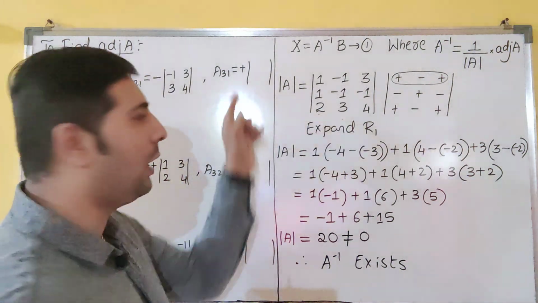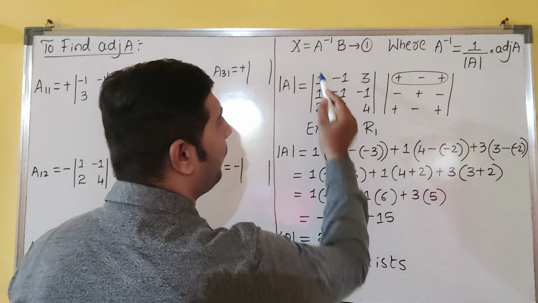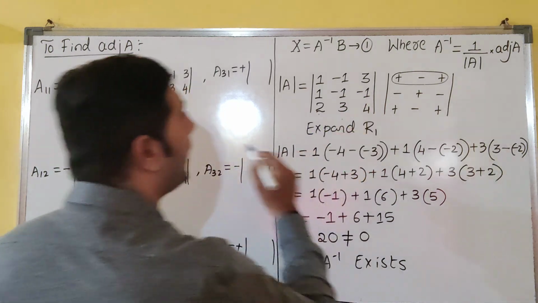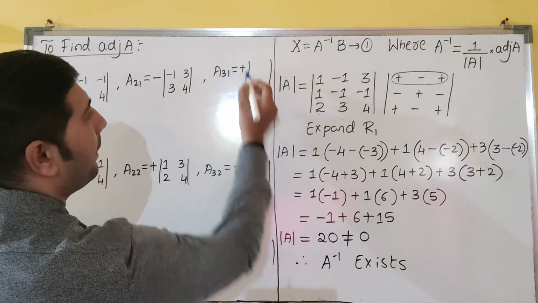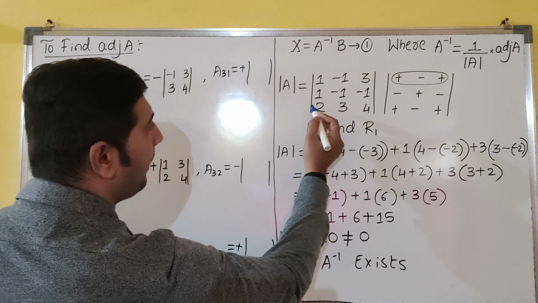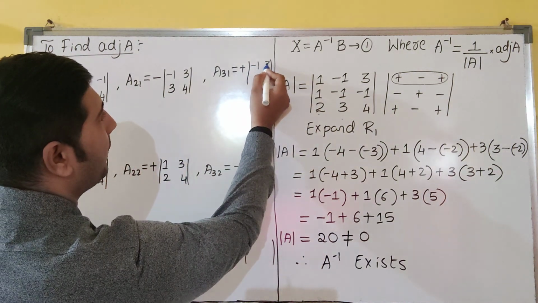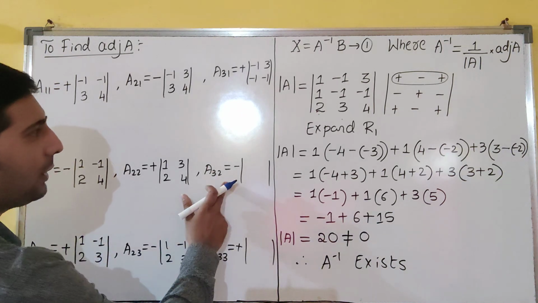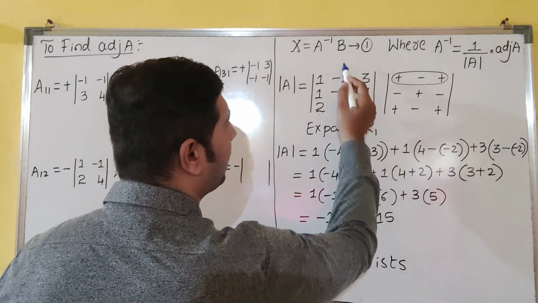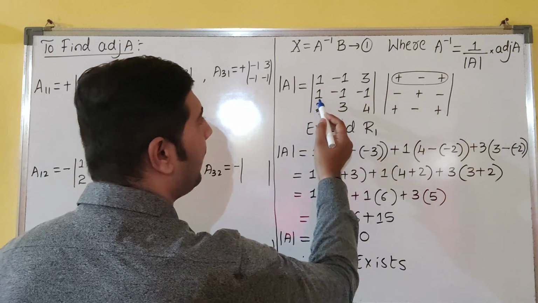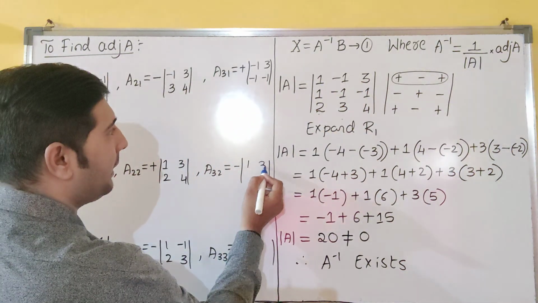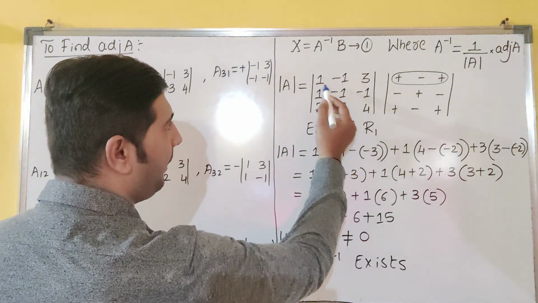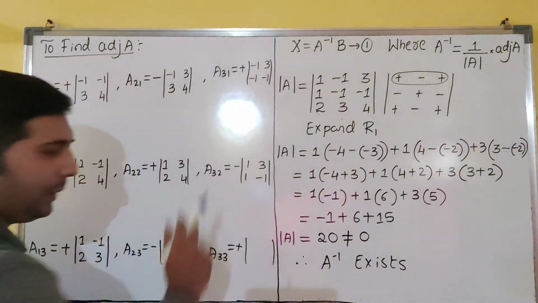So next, third row you leave, first column you leave. What are you left with? Minus 1, 3, minus 1, minus 1. Third row, first column I am leaving, dear students. So next, third row you leave, second column you leave: 1, 3, 1, minus 1 we will be left with.